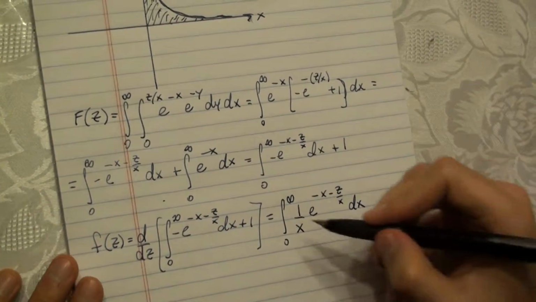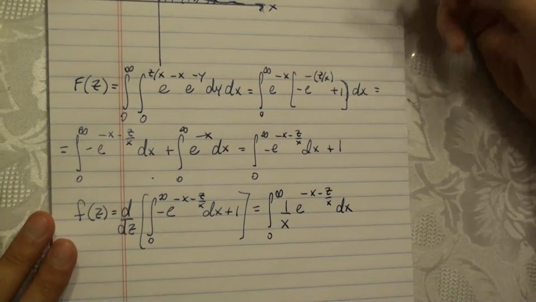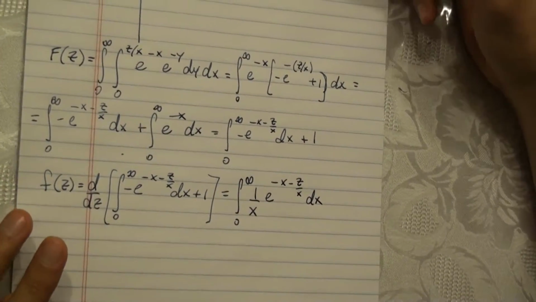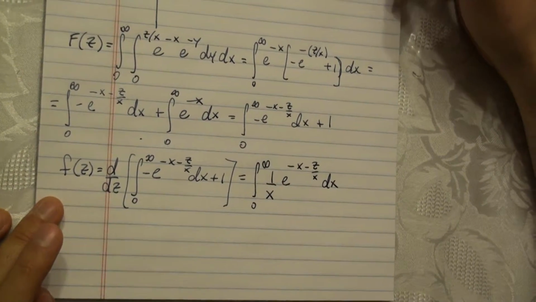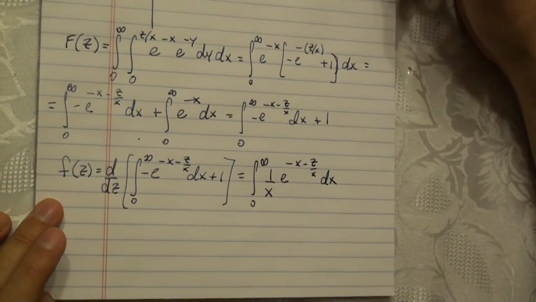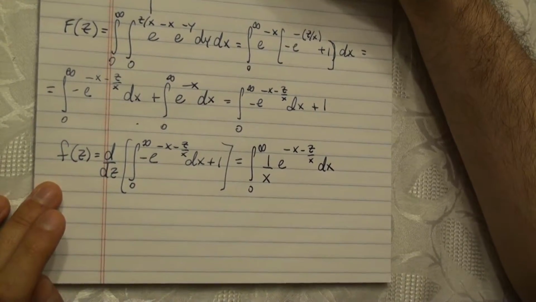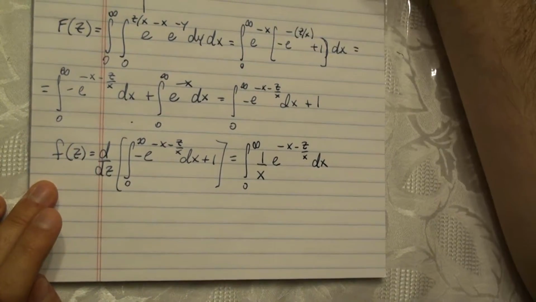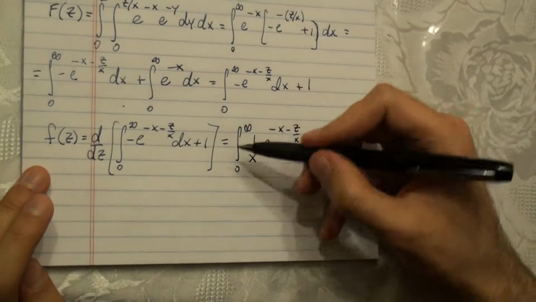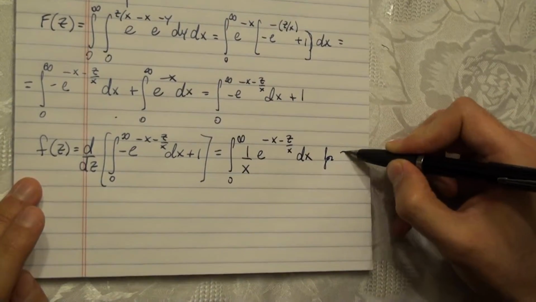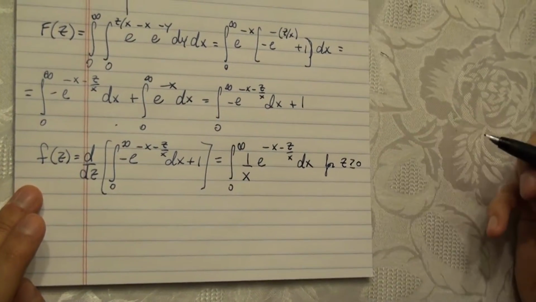Now, before I circle this answer, I want to remind everyone that x is greater than or equal to 0 and y is greater than or equal to 0. Therefore, the z random variable must also be greater than or equal to 0. So this holds for z greater than or equal to 0.